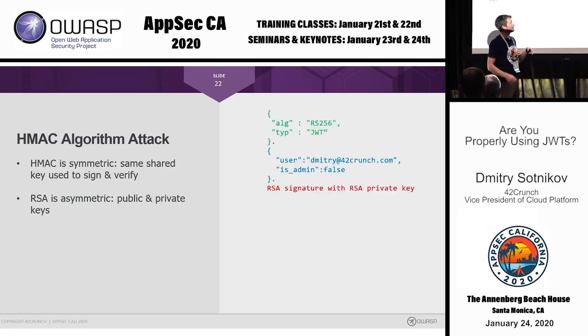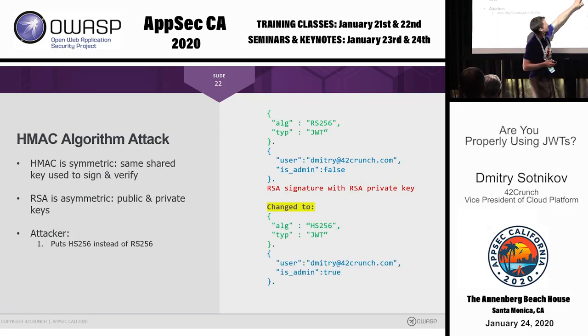So suppose we are using that asymmetric algorithm to sign, which is a more secure way to do things. He is signing with his secret key. Now when the attacker changes the token, the attacker doesn't know his key. No one knows his private key, so the attacker cannot really calculate a new signature.